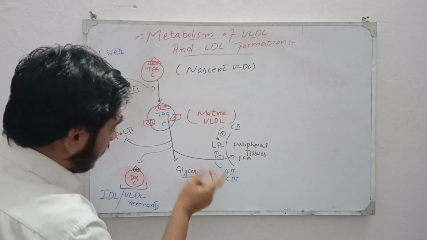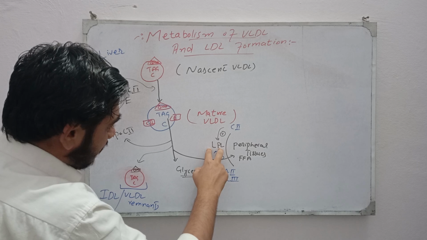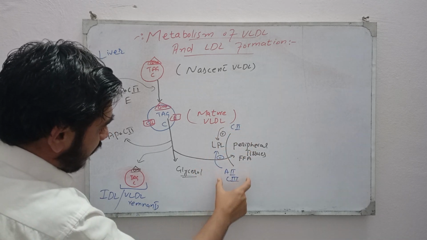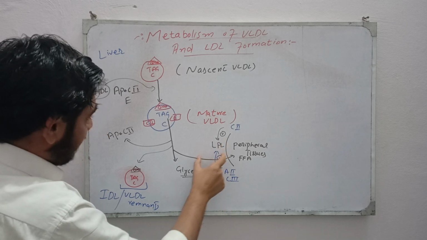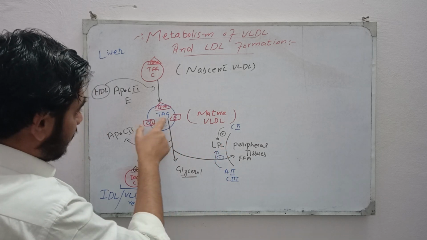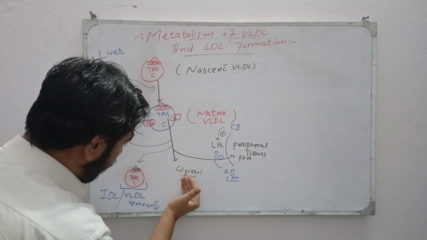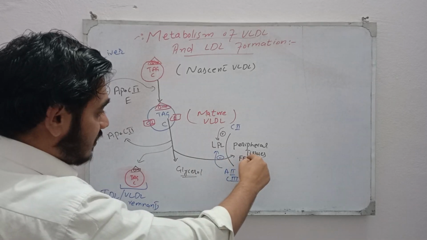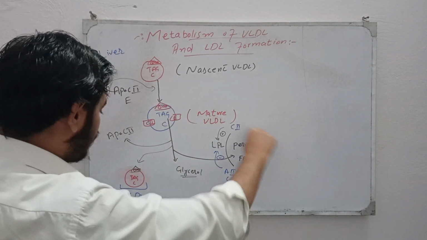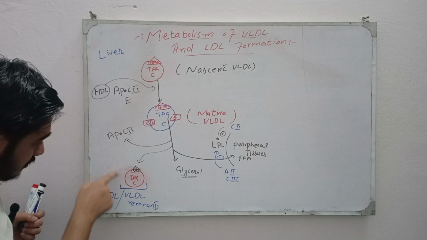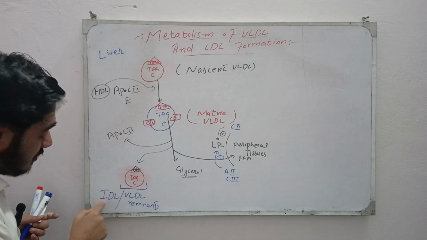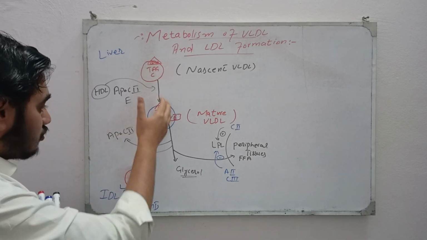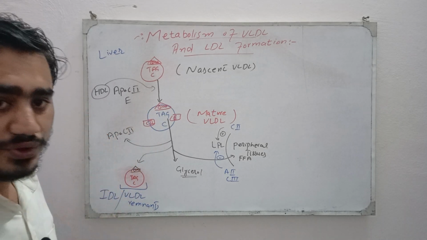Then lipoprotein lipase, activated by ApoC2 and inhibited by ApoA2 and ApoC3, acts upon triacylglycerol and converts it into glycerol, which is taken up by liver, and free fatty acids, which are utilized in peripheral tissues. It converts into VLDL remnants, also called intermediate density lipoprotein, and it also loses ApoC2 protein.